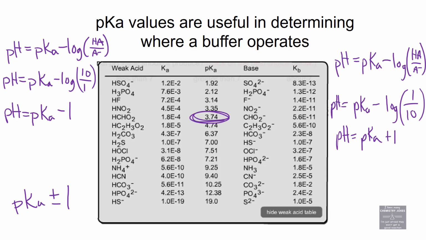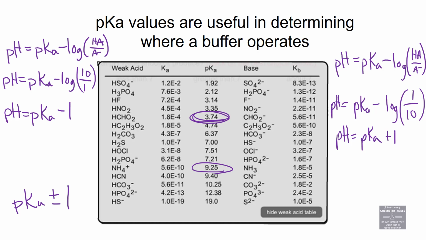So this formic acid buffer system can operate around pH 2.74 to pH 4.74, pKa plus or minus 1. This ammonium buffer can buffer around pH 8.25 to pH 10.25.